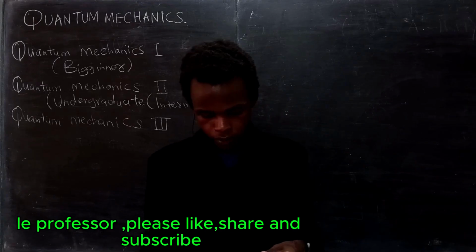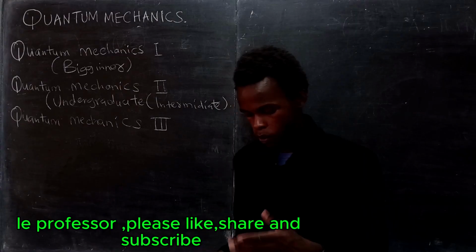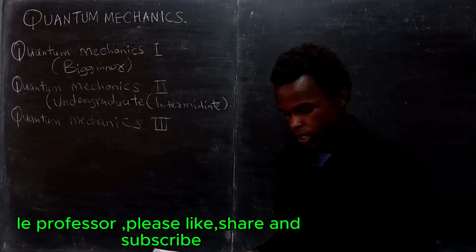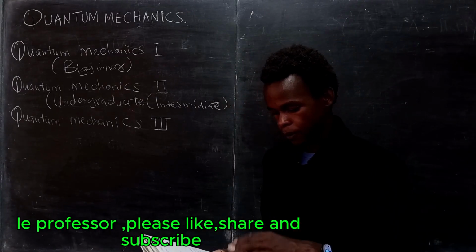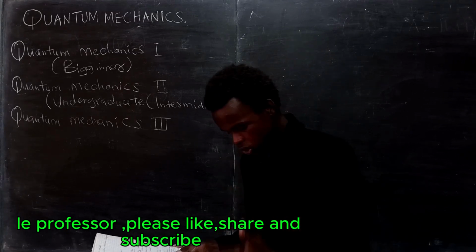Then we will use the Schrödinger wave equation to solve the infinite square well potential, delta function potential, finite square well potential, step potential, and then the hydrogen atom.